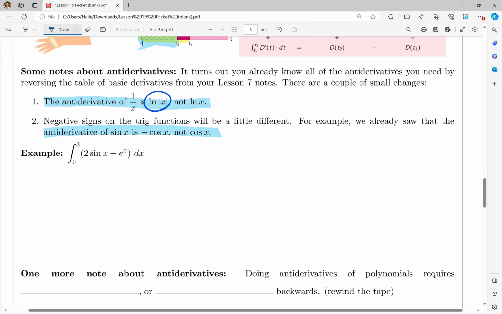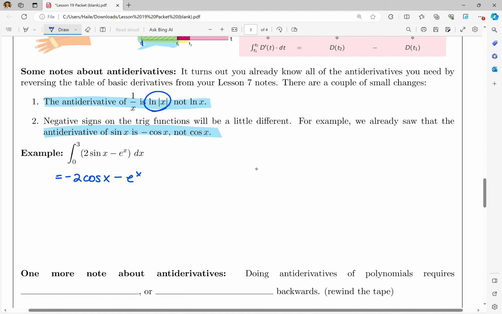If I take the antiderivative of 2 sine of x, I'm going to get negative 2 cosine of x. And the antiderivative of negative e to the x is negative e to the x. We've done both of these antiderivatives already. It's not rocket science as long as you know your facts.